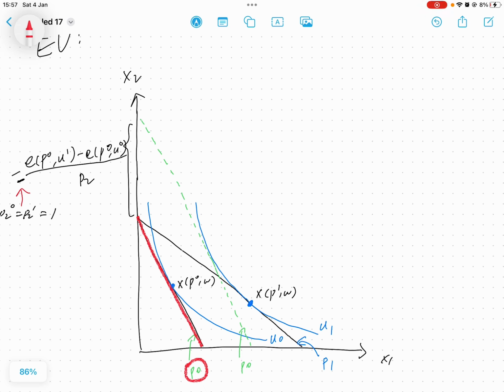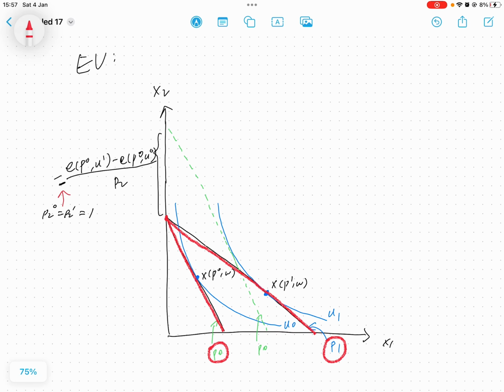Here we're referring to P0 or P1 just for the prices of X1. At this initial price P0, this was the initial bundle, and after the price change, it looks like the price has dropped, right? So with the new price P1, we can buy more of X1.